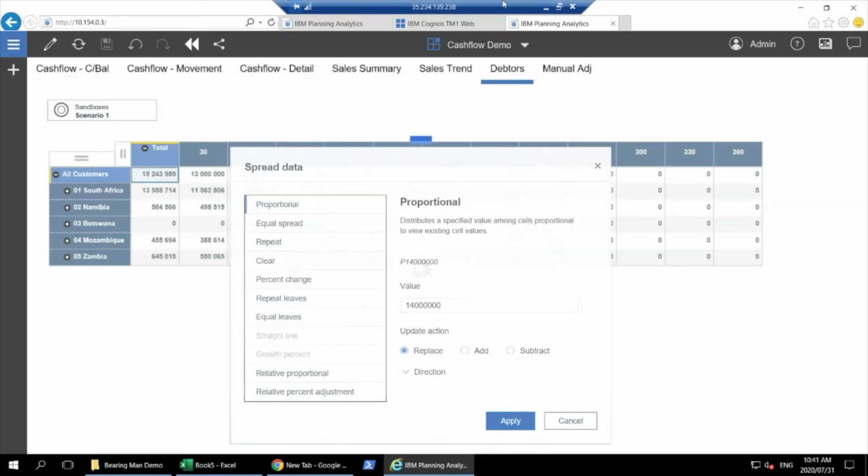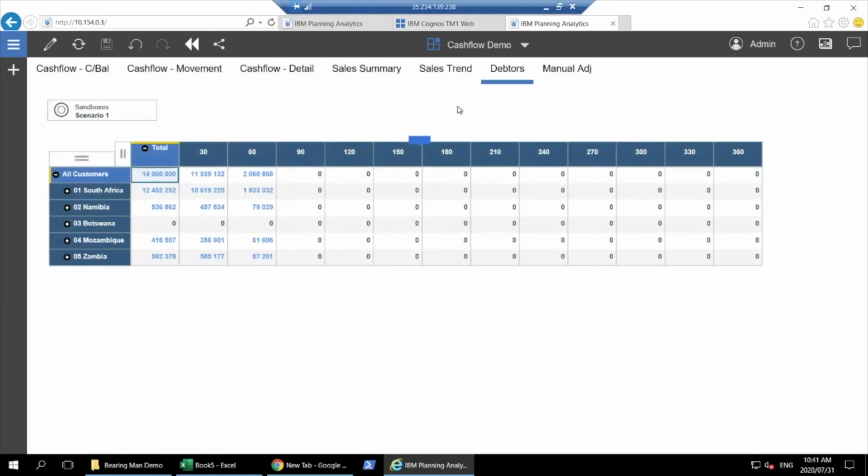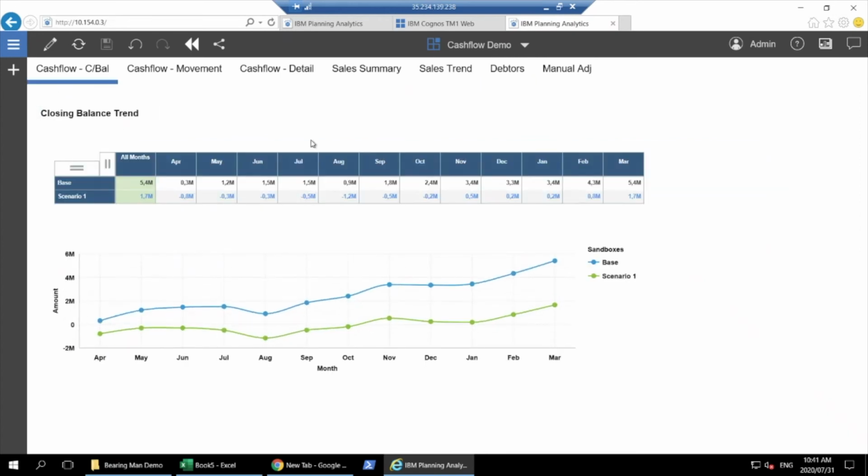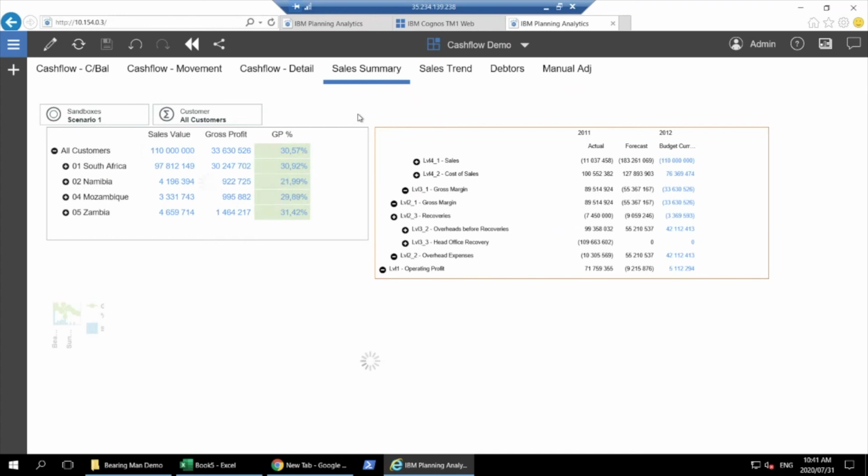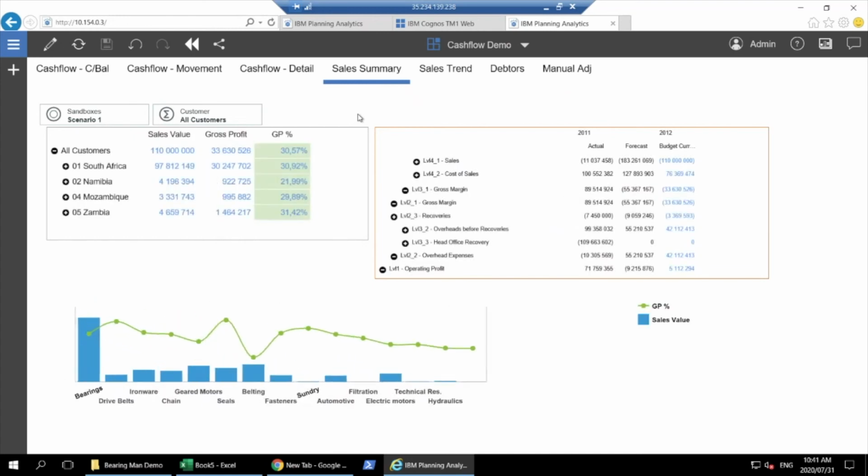Apply that. Then if I go back to my closing balance, I can see that my numbers have shifted once again.